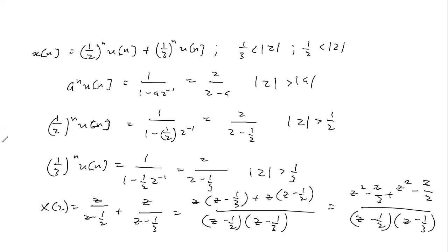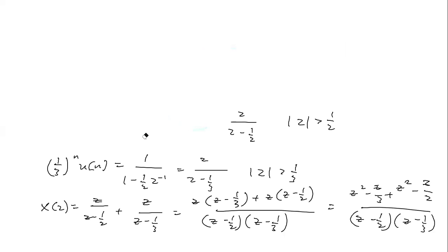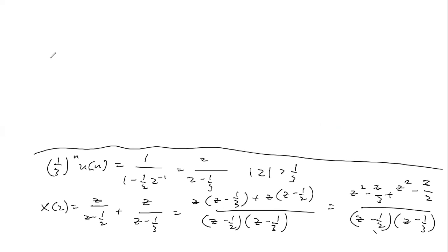So if we take things off from here, we have 2Z squared minus 2Z plus 3Z, taking LCM over 6, over Z minus 1 over 2, Z minus 1 over 3.